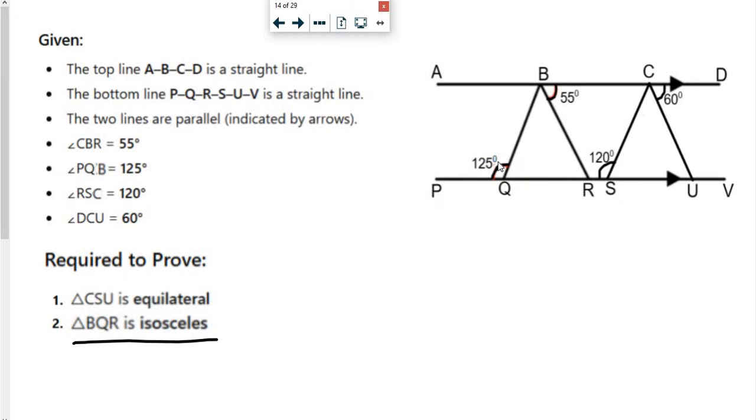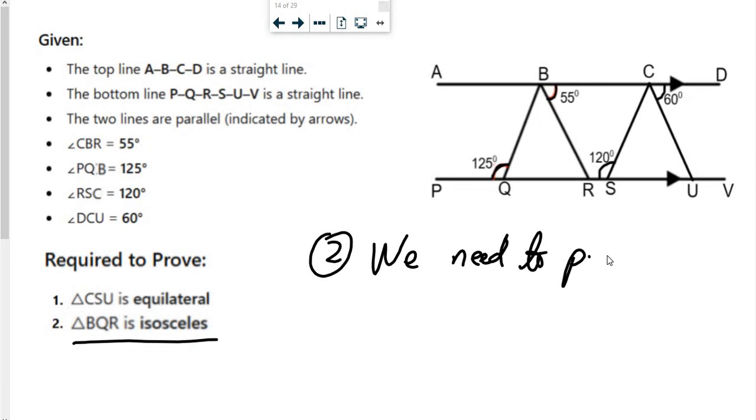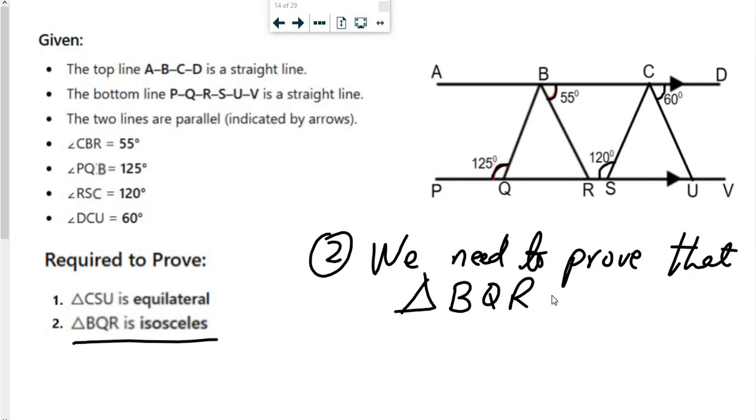Alright, so what do we do with this one? Steps are pretty much the same. For question 2, we need to prove that triangle BQR is isosceles. Now step 1: this angle is 55, so automatically this angle will also be 55 degrees.